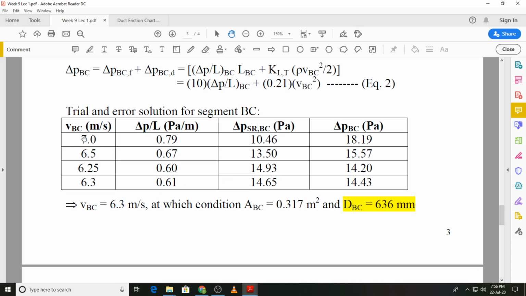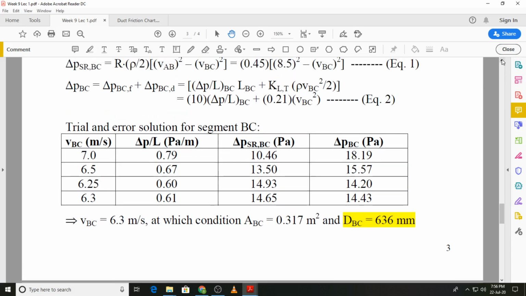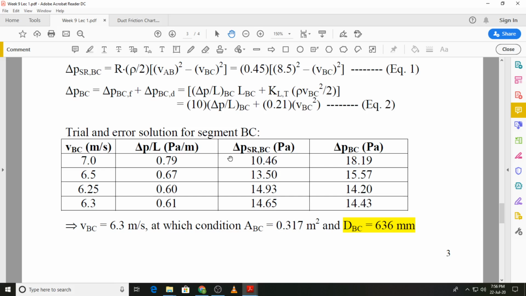You can see that I have guessed a value of 7 meters per second in duct segment BC, and we know the volume flow rate in that segment, that is 2 cubic meters per second. Against those two values, that is the volume flow rate and the velocity, we will go to the friction chart and find out the value of delta P by L.